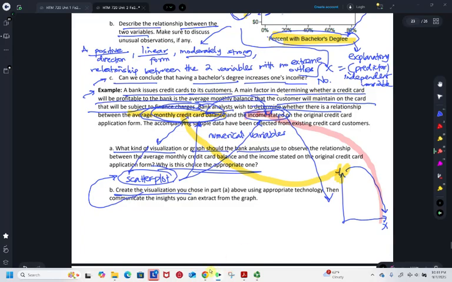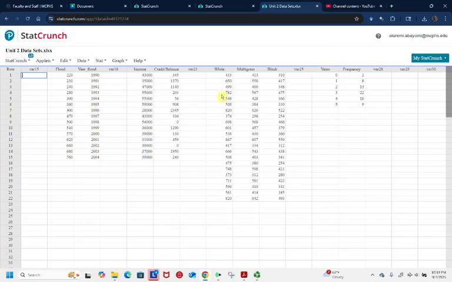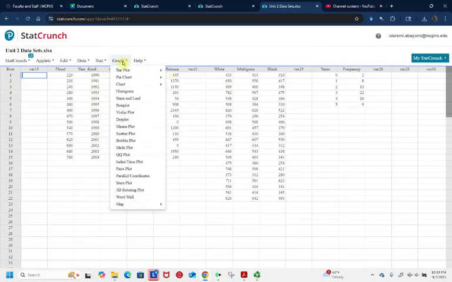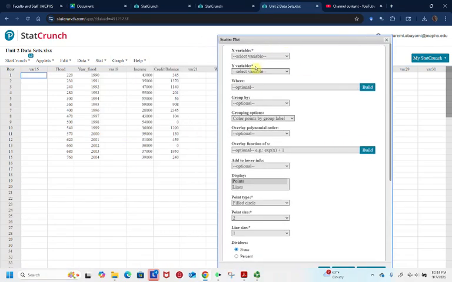Let's take a peek at the data set. So going back to the data set, I have income and credit card balance. I would like to draw a scatter plot, not a line graph this time. So for this, which depends on the other? I would think the credit card balance would depend on the income.